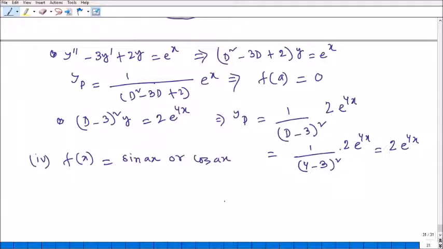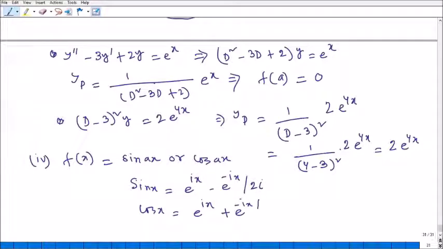For this type of function you have to convert the sine of ax to the exponential form using Euler's formula. So we know that sine of x is equal to e to the power ix minus e to the power minus ix by 2i, and cos of x is equal to e to the power ix plus e to the power minus ix by 2.